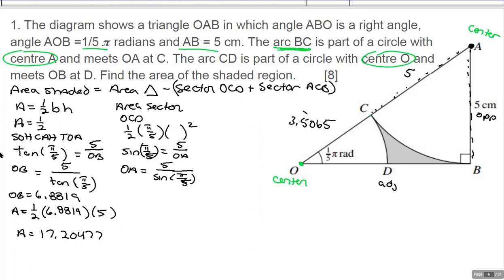All right, so now take this and put it in there. And that's going to be the area of the sector OCD. What's that going to be? I got 3.8627. 3.8627. All right.